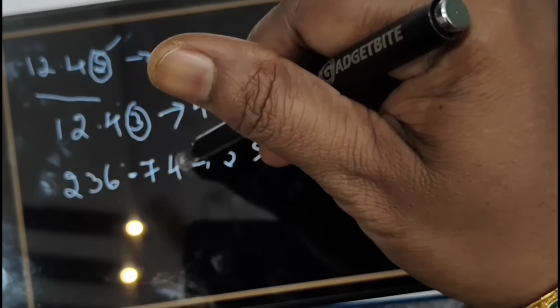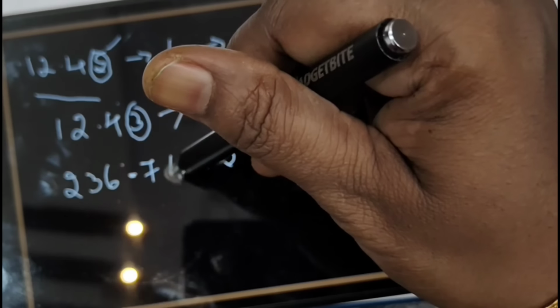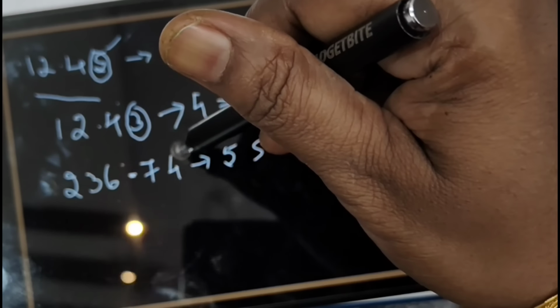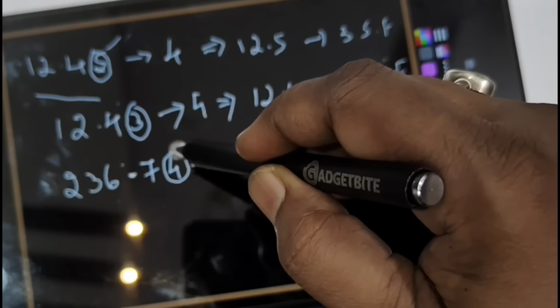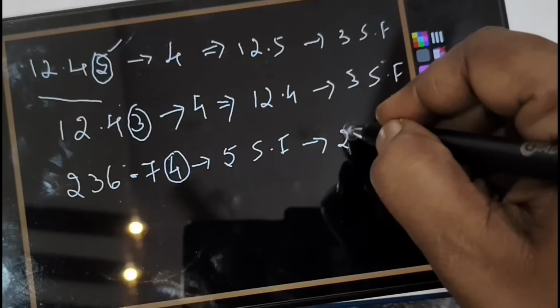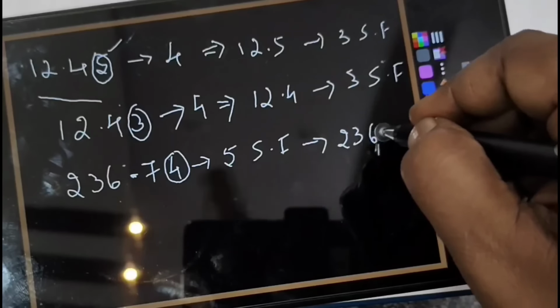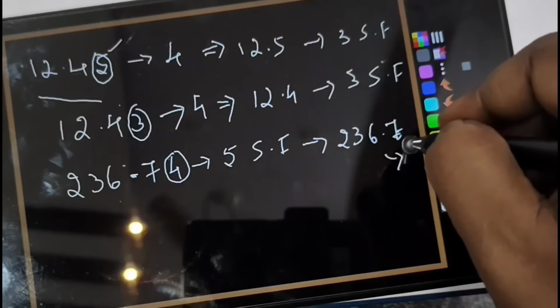Let us find out for 4 significant figures. So as 4 is the least one, it is lesser than 5. So we can omit this 4 and we can get to up to 4 significant figure, that is 236.7. So it will be 4 significant figure.